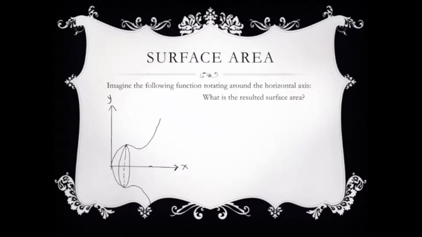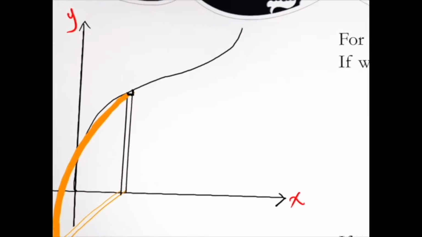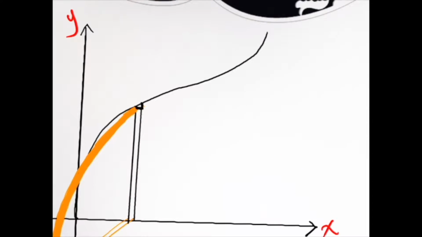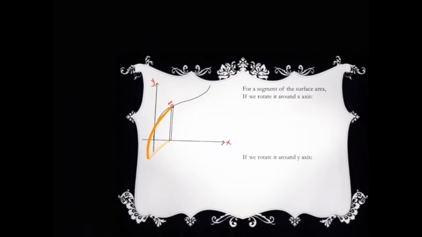The circumference of this circle is then equivalent to a section of the total surface area. However, if we zoom in on the section, we see that just multiplying the circumference by dx would have a lot of error. Instead, we need to multiply each circumference by arc length to get the most accurate measurement.